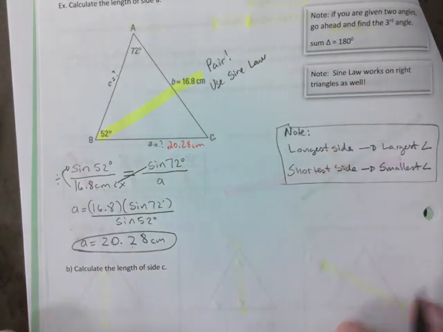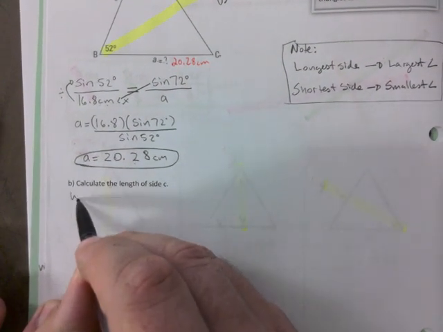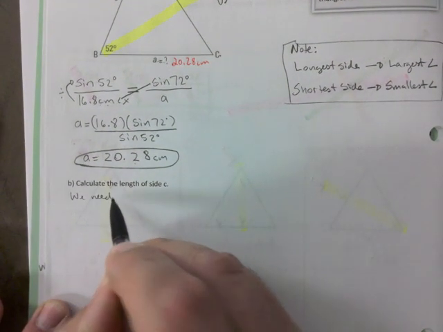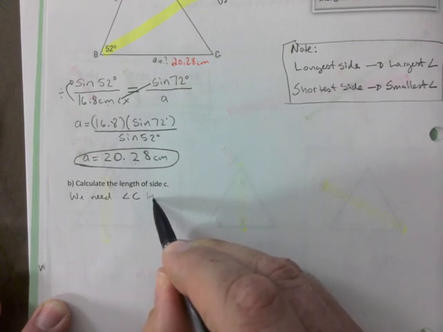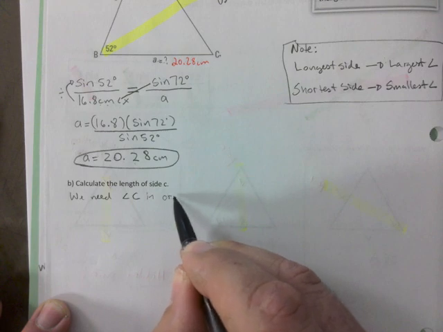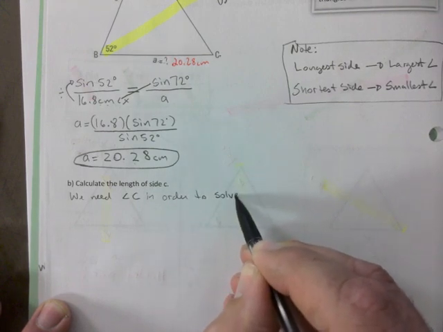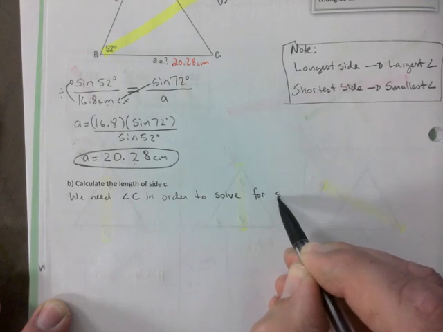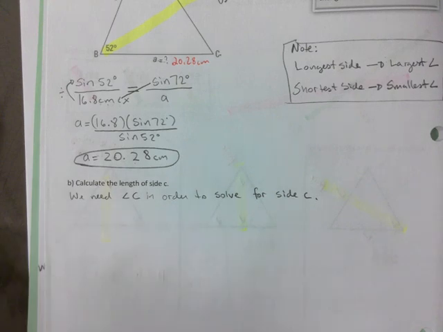So let's go ahead and do that. I'll make a note here: we need angle C in order to solve for side C. You need the angle across from it. That's imperative.